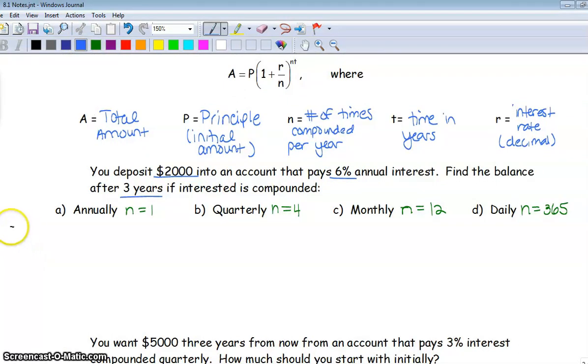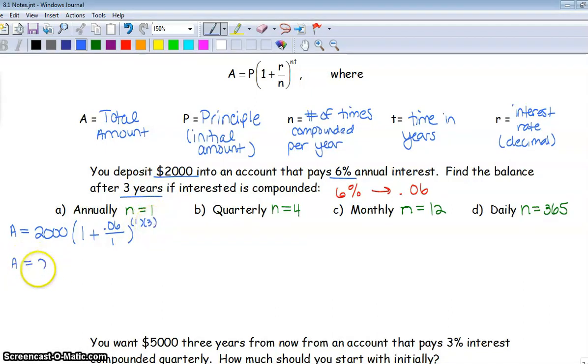So I want to find the amount, A. I invest my principal of 2,000, times 1 plus my rate, 6%, which is 0.06 as a decimal, over our n, which is 1, raised to n, which is 1, times t, and this is after 3 years.